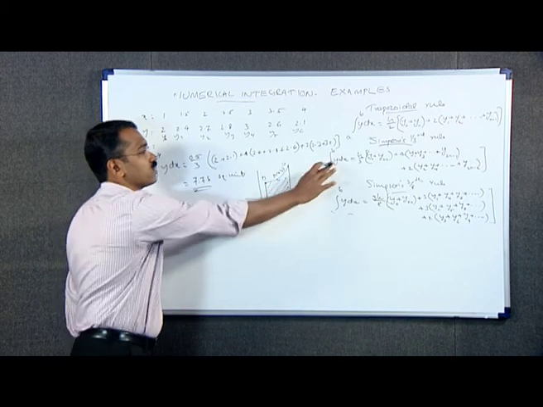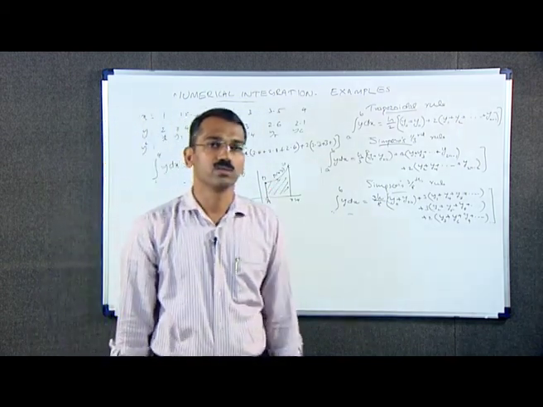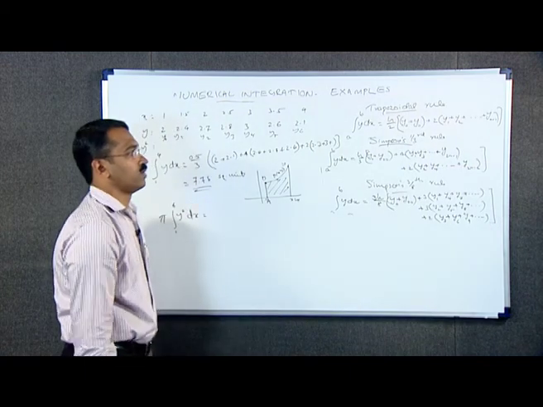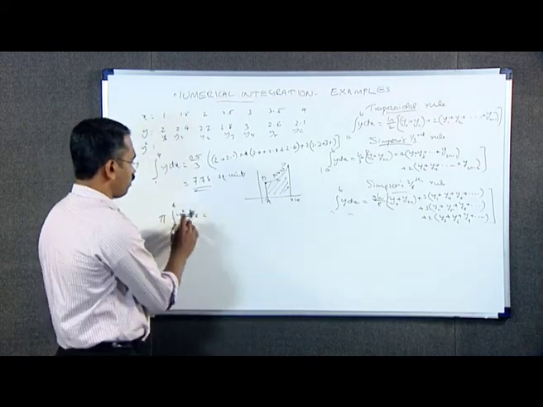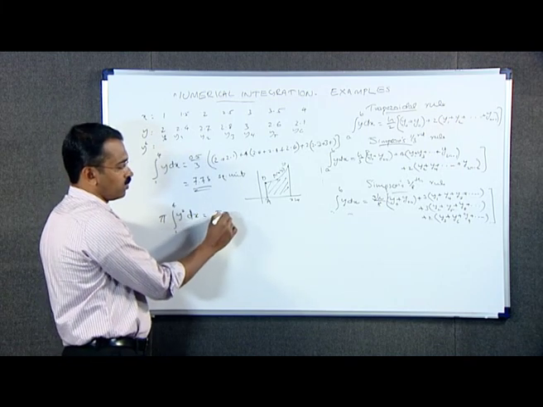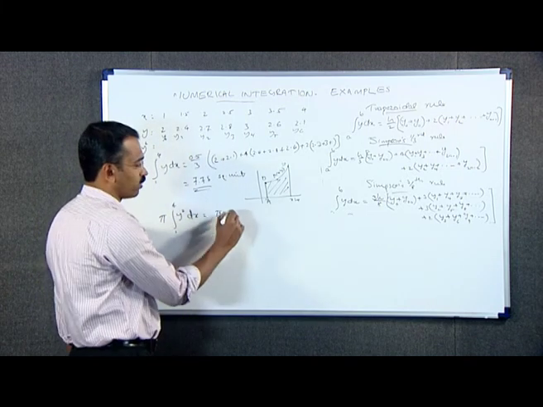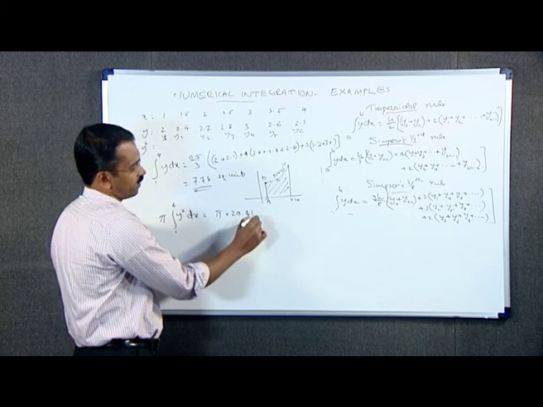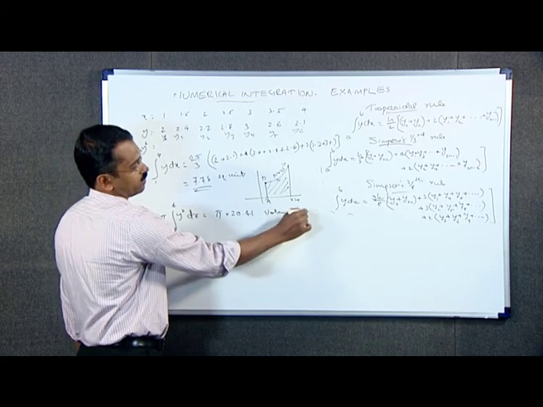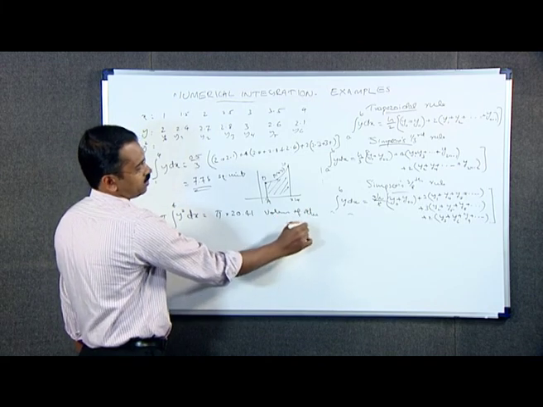Then we use this rule of integration. We get the value of this as pi into 20.41 approximately, which is the volume of revolution about the x-axis.